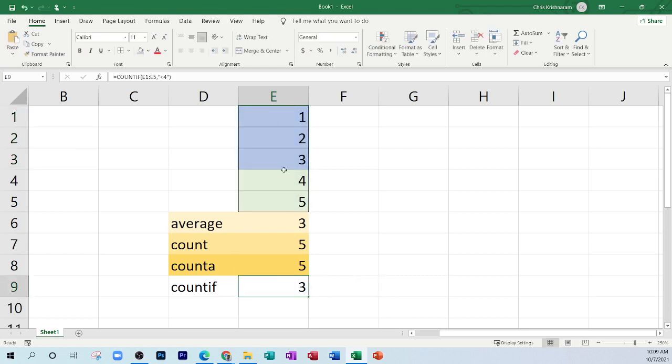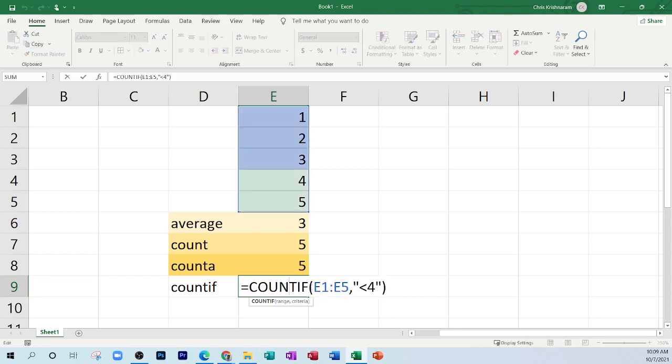So when it looks at that range, it's going to see only 3 values less than 4, and that is why we have 3 as our answer here. So it's always going to look at this criteria first. It's going to compare that criteria to the range, and based on the criteria, it's going to count the cells.